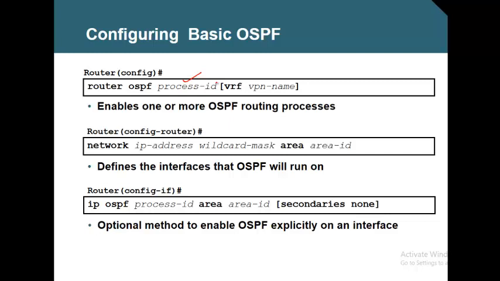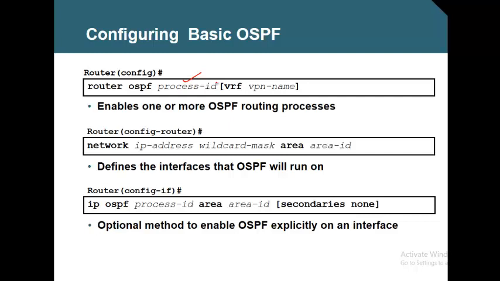Process ID is to identify the process. Then on an XR device, what will happen if you don't assign a process ID? Without any process ID, when you configure, there will be some value to say no process ID. That value itself will be used as the process ID.